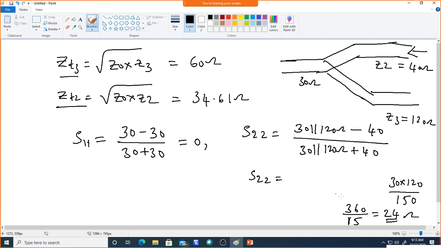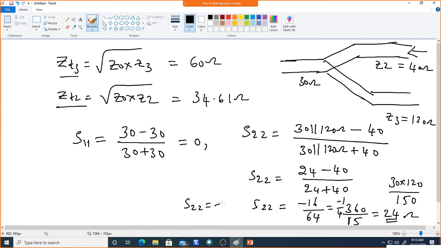Okay, I think it is 24 ohm. So now you can substitute it: 24 minus 40 divided by 24 plus 40. So now S22 is equal to minus 16 by 64. It is nothing but minus 1 by 4, is it not? So S22 will be equal to minus 0.25.